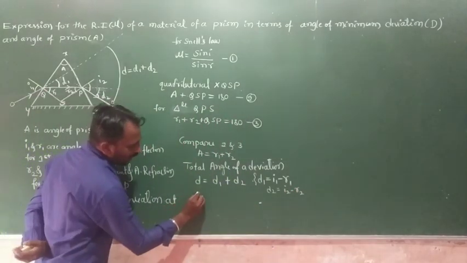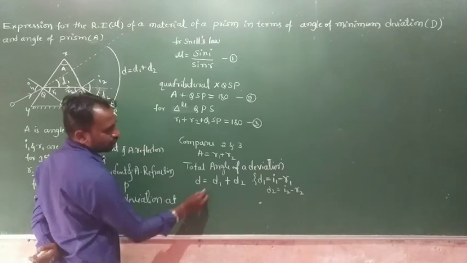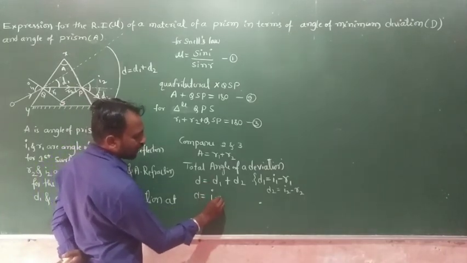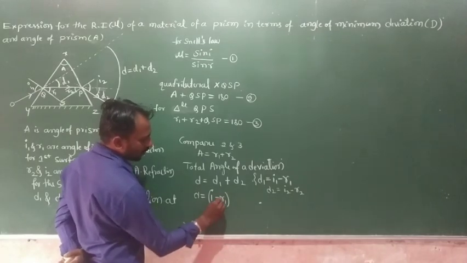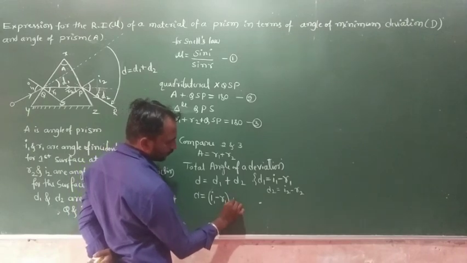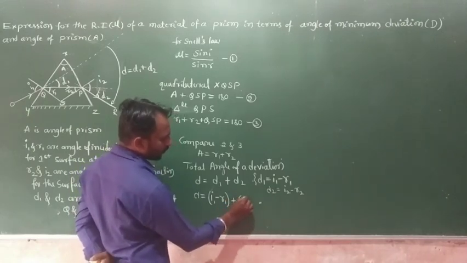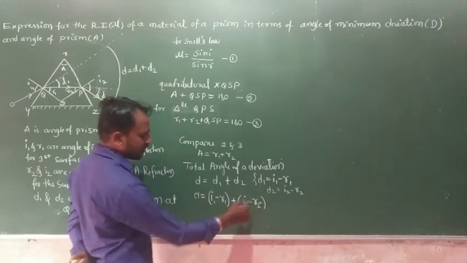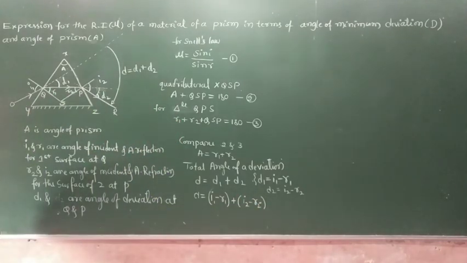So the total angle of deviation D is equal to D1, it means I1 minus R1, plus I2 minus R2. So this one is the total angle of deviation.